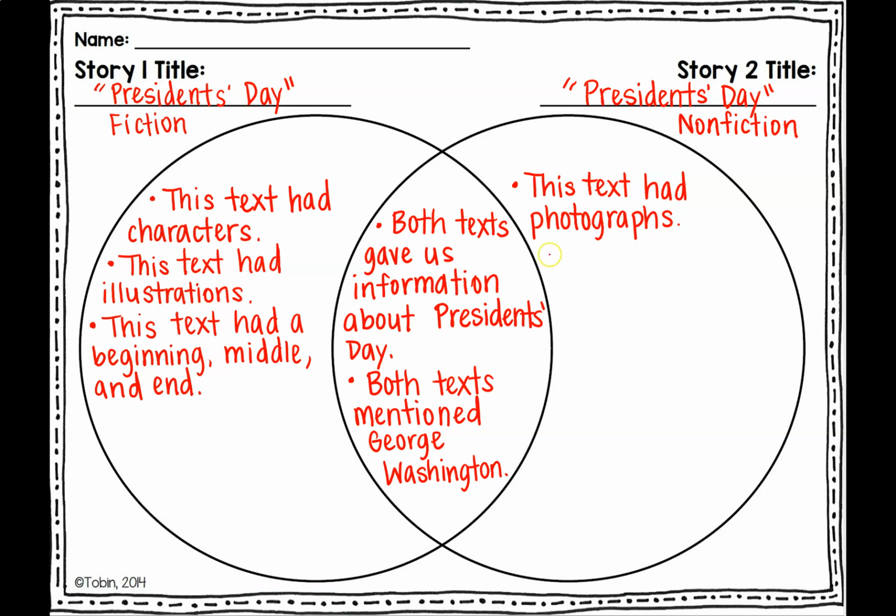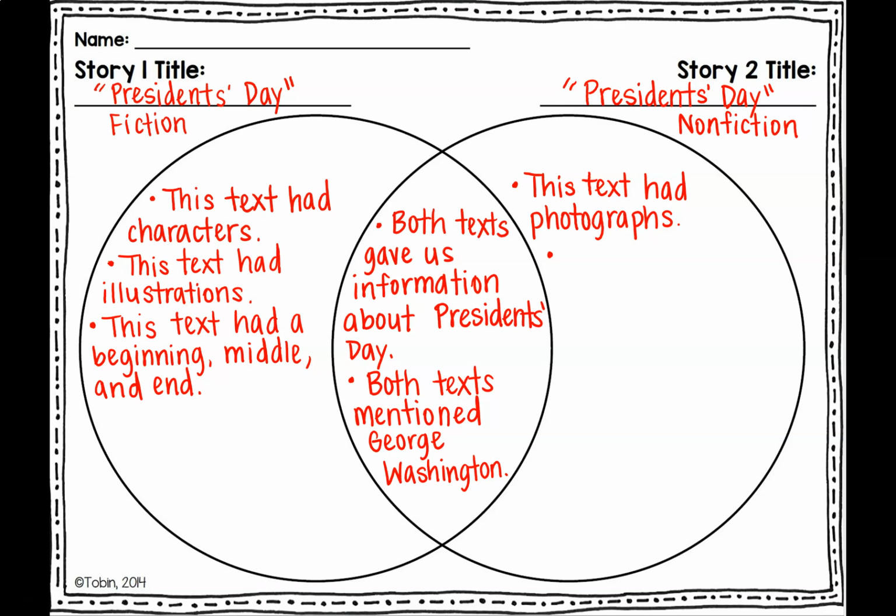Okay, now let's think about something that the nonfiction book had that the fiction one didn't. Now this is specific to nonfiction books. So our nonfiction book that we had on Epic had things like headings, a glossary, an index. What are those called?